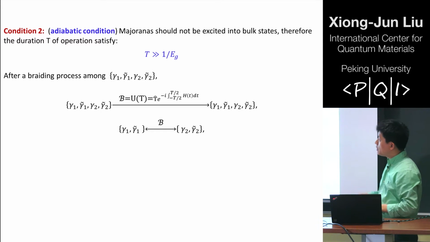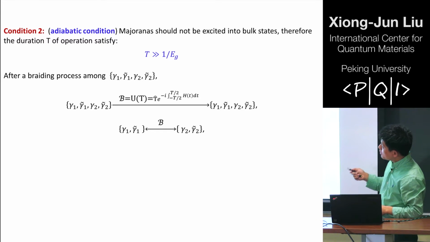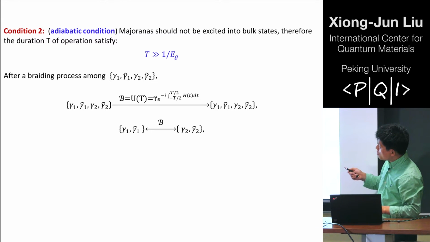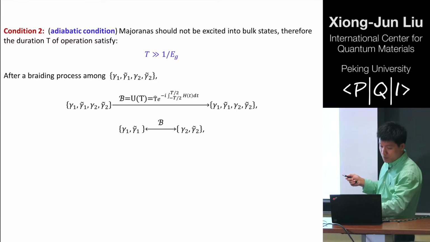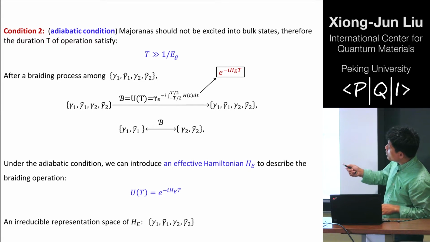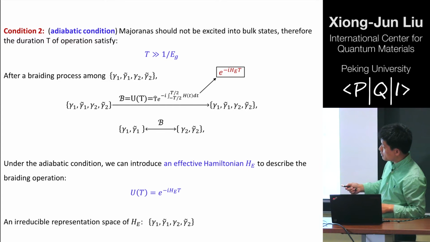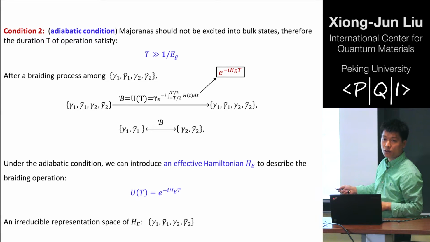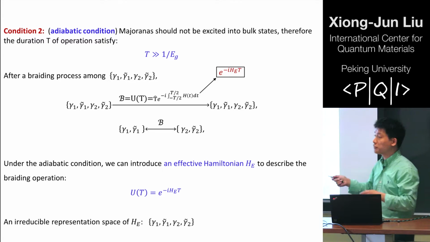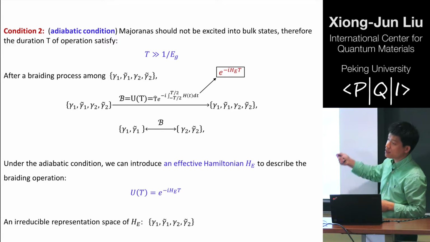Then we can study this braiding operation within this subspace, and we can rewrite this braiding transformation in terms of an effective Hamiltonian. This effective Hamiltonian describes the evolution of the 4 Majorana fermions.